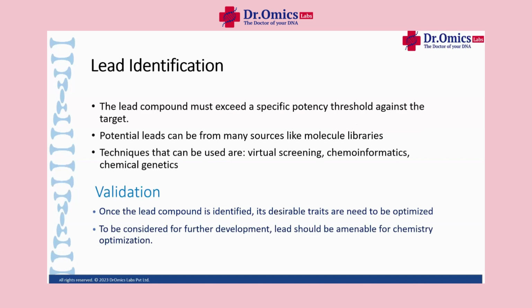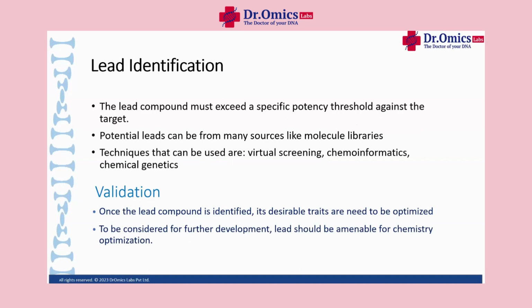For lead identification, the lead compound that we identify must exceed a specific potency. What is the potency threshold against the target? That means it should bind to the active site, and it should remain bound to the protein under external conditions as well.